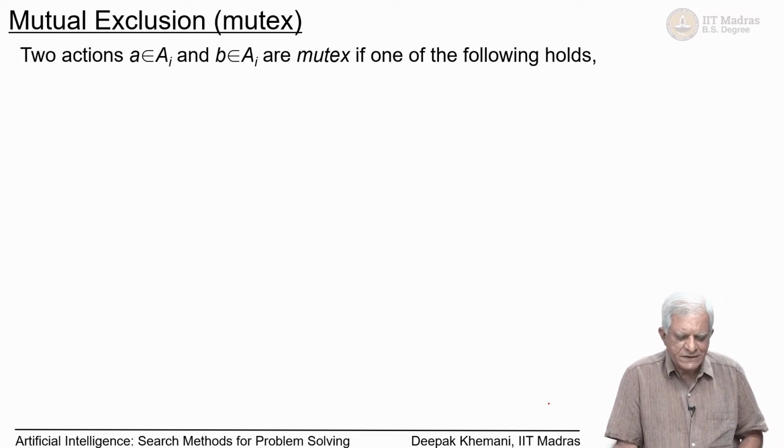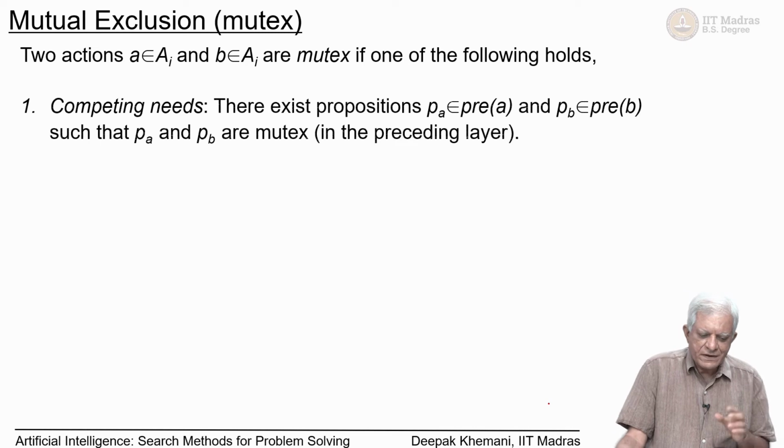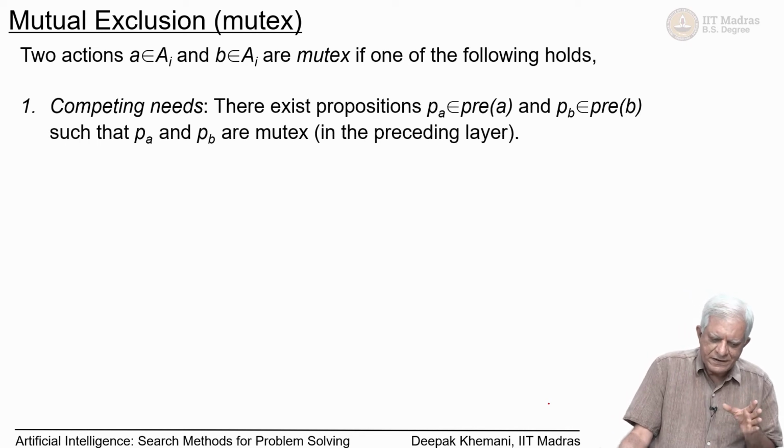Remember that these two actions are in the same layer. Mutex links are always within one layer. By mutex we mean that they are mutually exclusive: both of them cannot happen in parallel together. Only one of them can happen, and that is what we mean by mutual exclusion here.